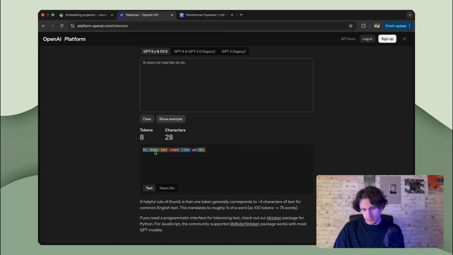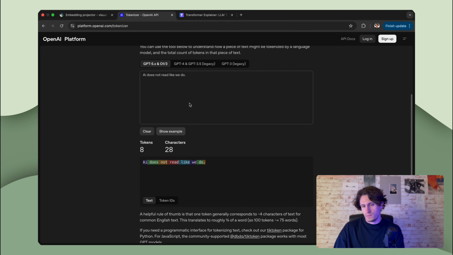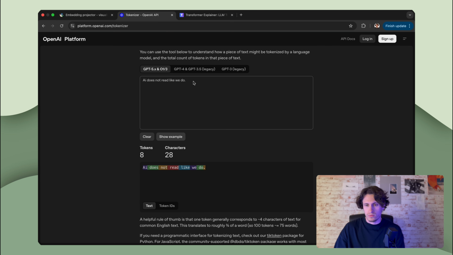So here you can see it highlighted with different colors. Here we can see the number of tokens, which is 8 from 28 characters. And actually this number could differ from model to model. Here we can see the same, but for example, for a more legacy model, GPT-3, we can see that AI got split into two different tokens.